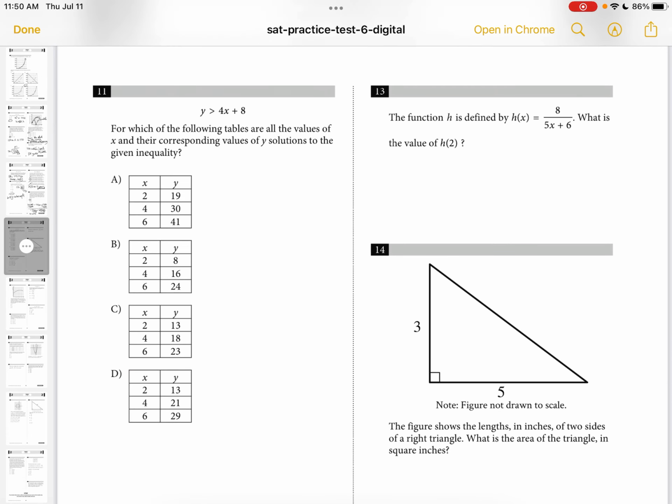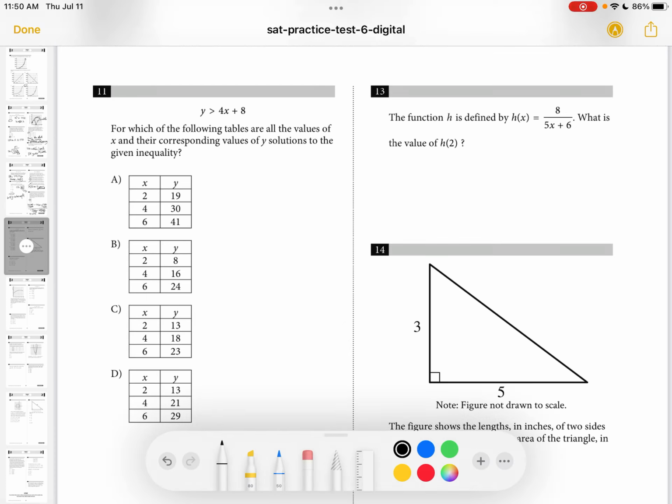Number 11. For which of the following tables are all the values of x and their corresponding values of y solutions to the given inequality? Alright, so let's check the values in table A. The first value is telling us that 19 is greater than 2 times 4 plus 8. 2 times 4 is 8, 8 plus 8 is 16. That case checks out.